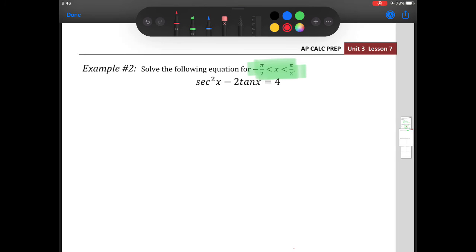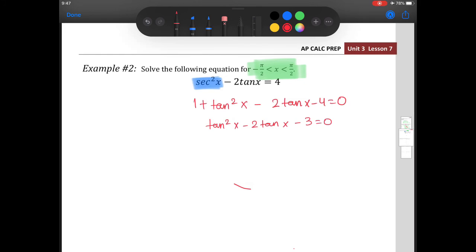So if I look at my secant squared x, I can substitute that with 1 plus tangent squared x. Anytime you have a squared term, always think, can it be substituted with one of the Pythagorean identities? That should be your first go-to thing. Minus 2 tangent x minus 4 equals 0. Let's solve this. This would be tangent squared x minus 2 tan x minus 3 equals 0.